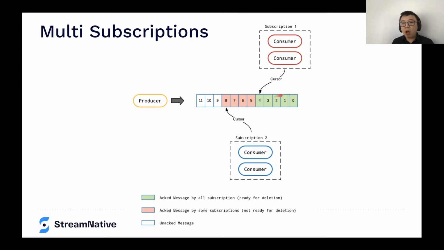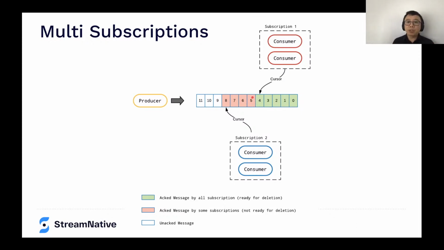That means all the messages from 0 to 4 are already processed by both subscription 1 and subscription 2. That means from 0 to 4, the messages are ready for deletion because all the subscriptions have confirmed they processed the messages.